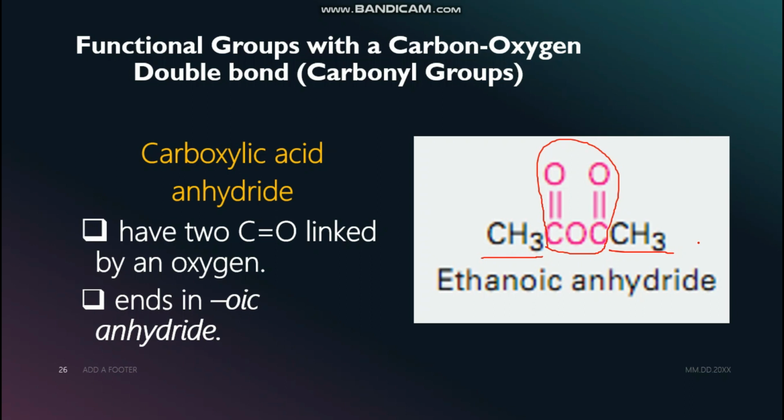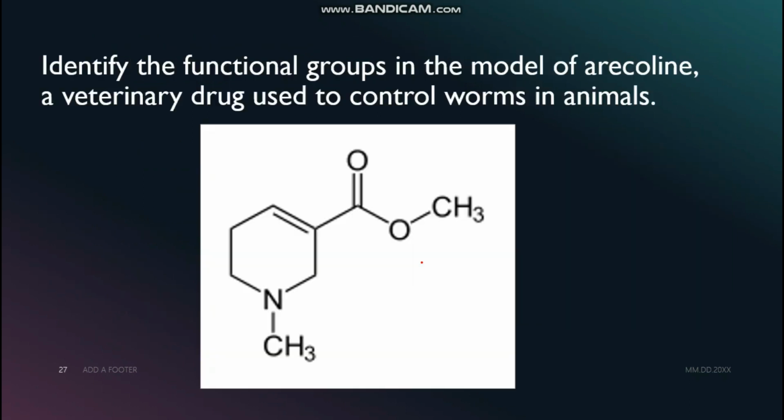So that's ethanoic anhydride. So hindi na natin binibilang yung carbon doon sa ating functional group. So for example, we have CH3 here, and this one is CH2. So this is propanoic anhydride. So that's so on and so forth.